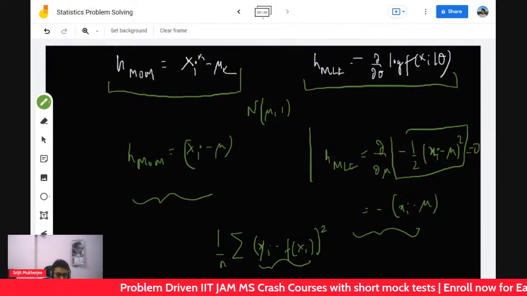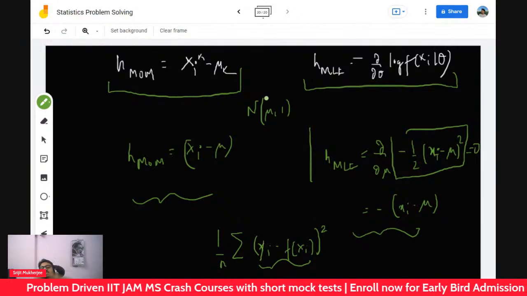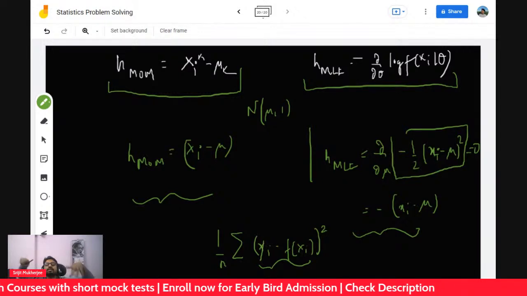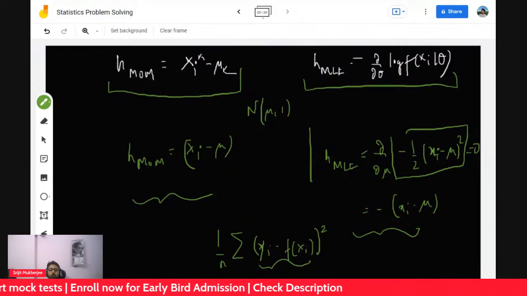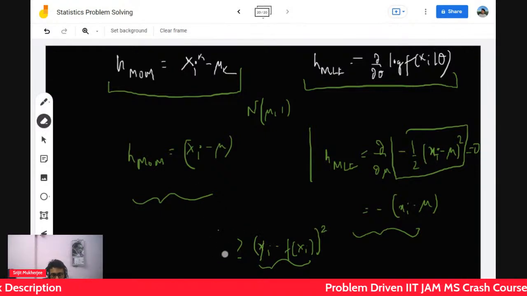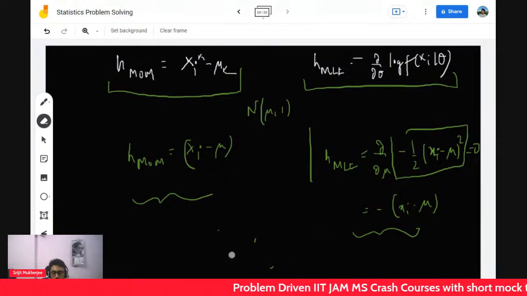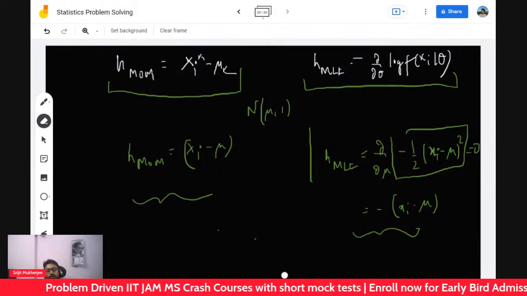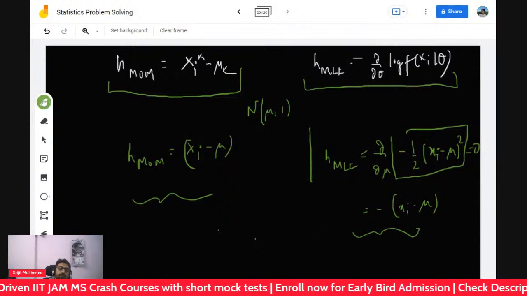So they're all related by a single idea, that's 1 by n of h of xi comma theta equal to 0. We minimize it. In this case there are multiple parameters, so there are different equations, but essentially that's a single way of looking into this: the relationship between MOM and MLE.